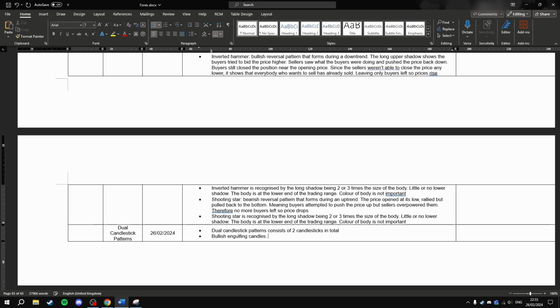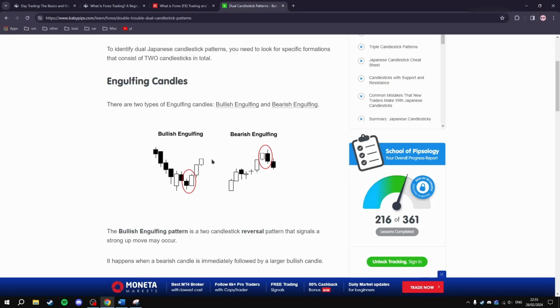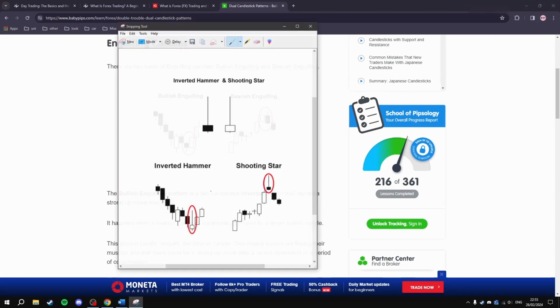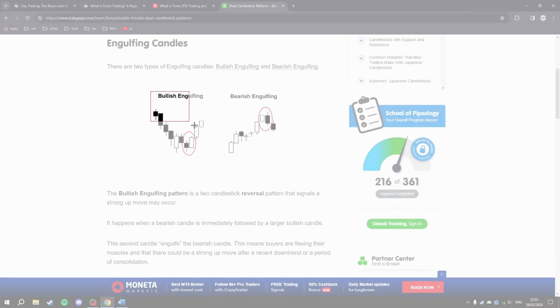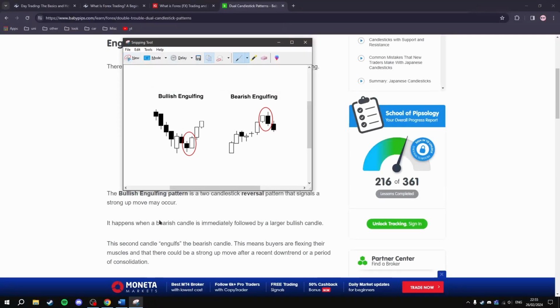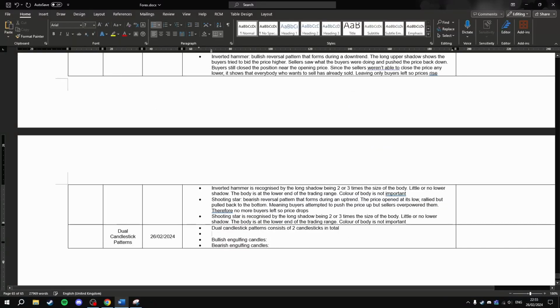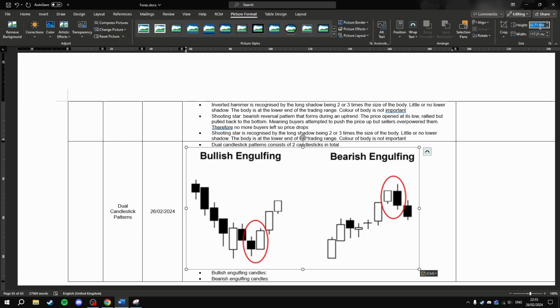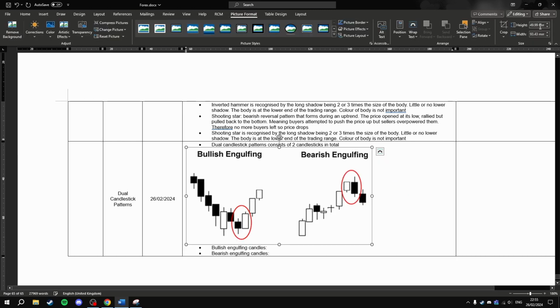Bullish engulfing candles, and bearish engulfing as well.